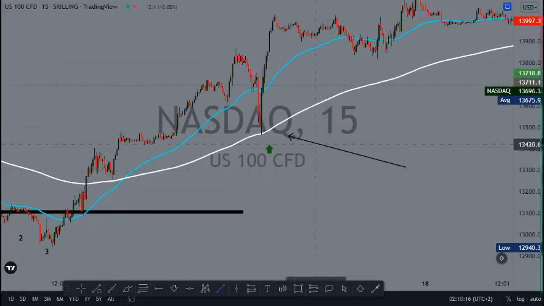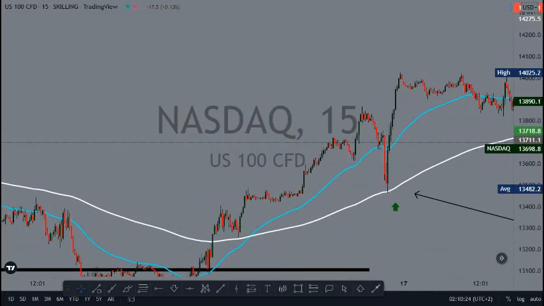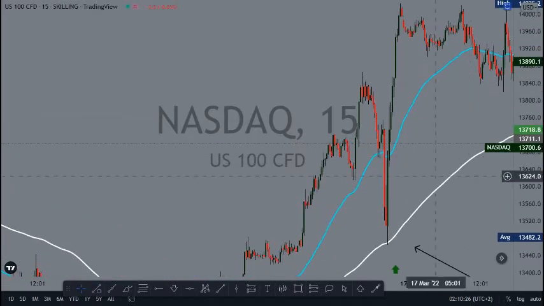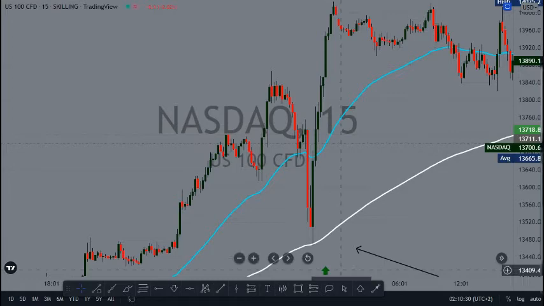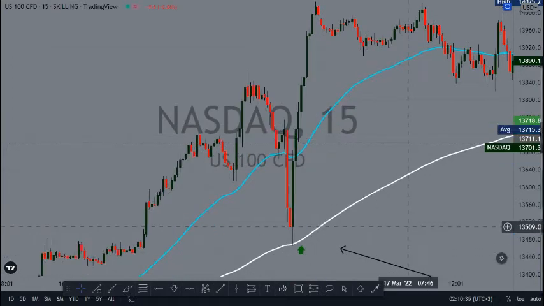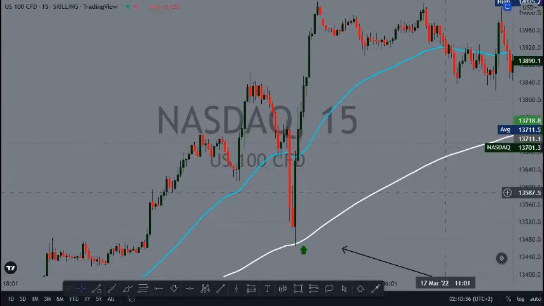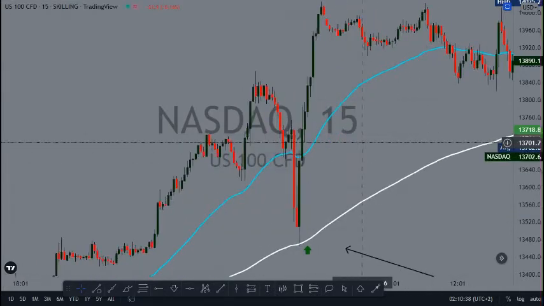This was also a setup. The market came back to the 200 moving average, and then just look at all these pips you could have gotten. This was a very nice trade. As soon as the market hit the 200, the market is going to bounce back into the range.